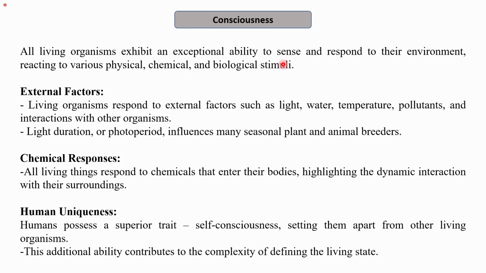So we can respond to external factors. Living organisms respond to external factors such as light, water, temperature, pollutants, and interaction with other organisms. We know that there are certain plants that move in the direction of light or away from it, depending on their nature.